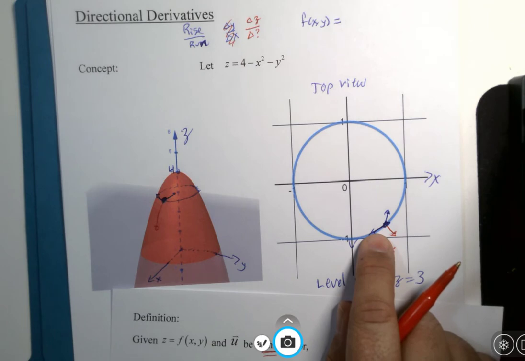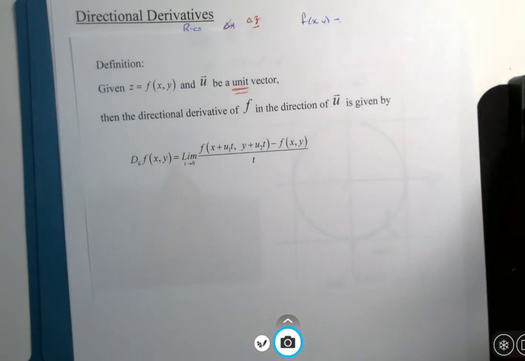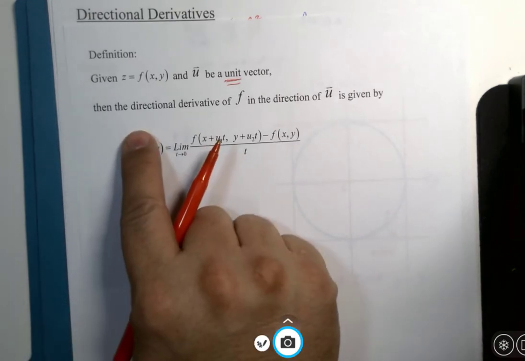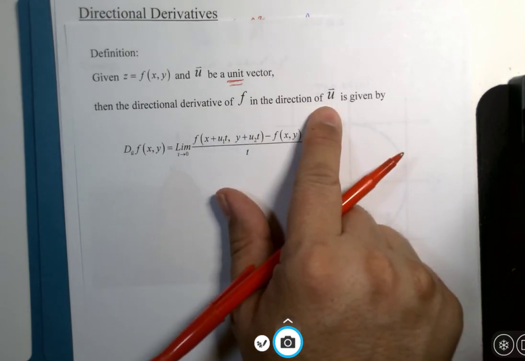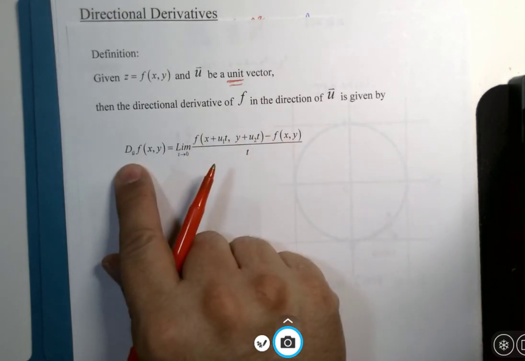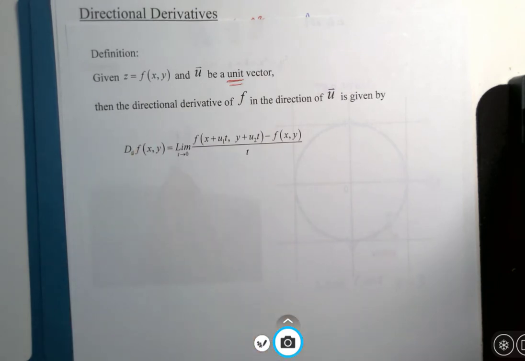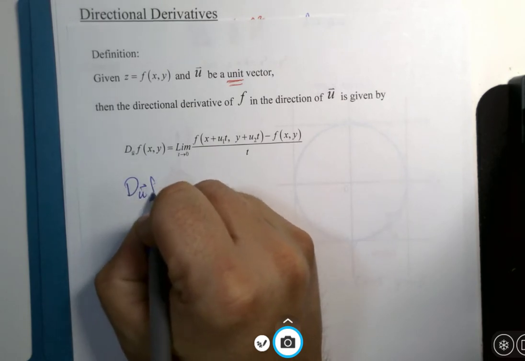That's not exactly the way it plays out, but that's a way to think of it. That might help you. So the directional derivative of the function in that direction of the vector is all this fancy notation. Direction of vector u, and even though I enlarged it, I could still make it bigger.